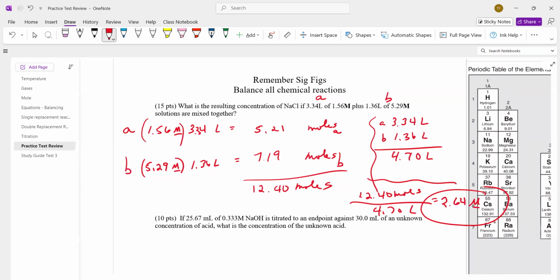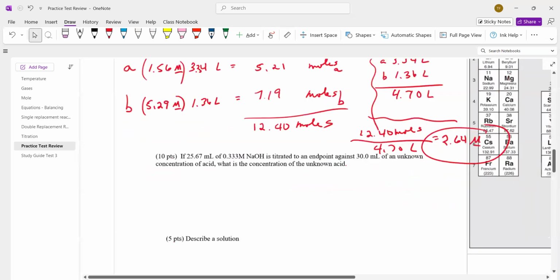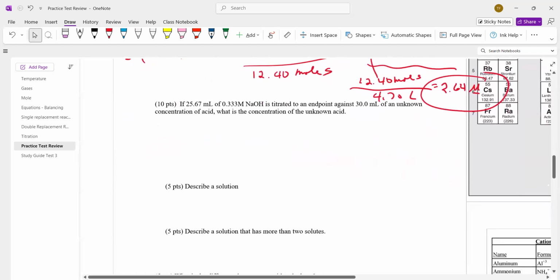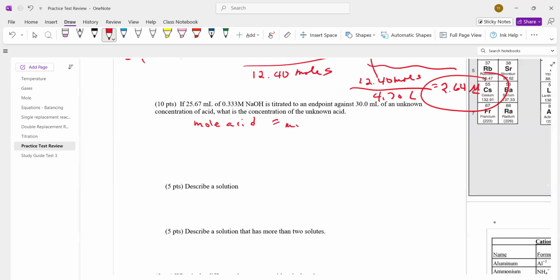Okay. Everyone okay with that? All right, so we have a titration problem next. Titration is based on the neutralization. So we have moles acid equals moles base at neutralization.